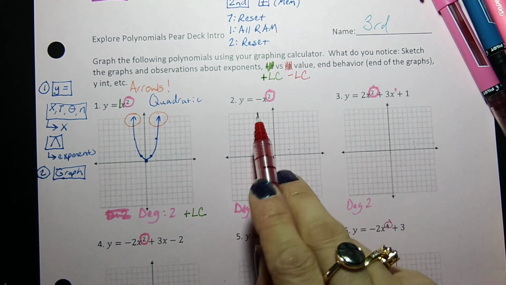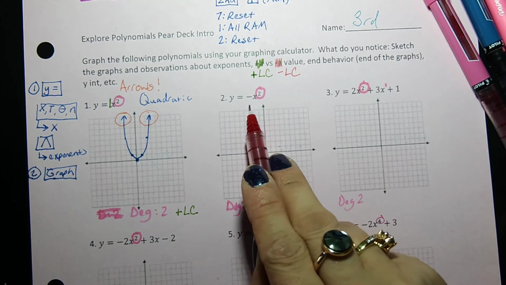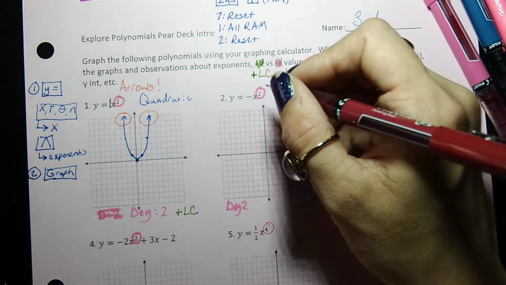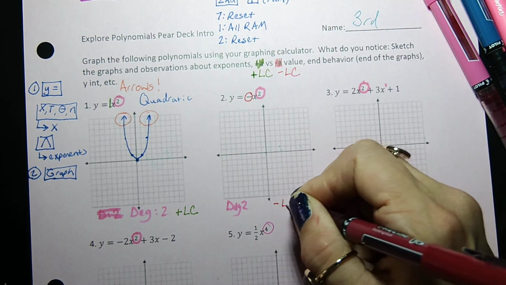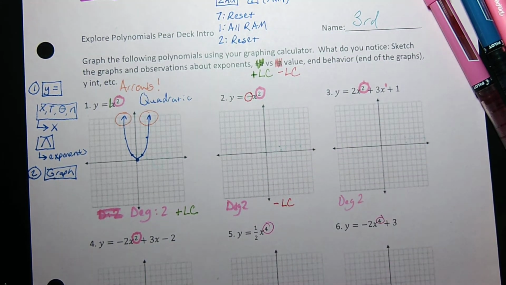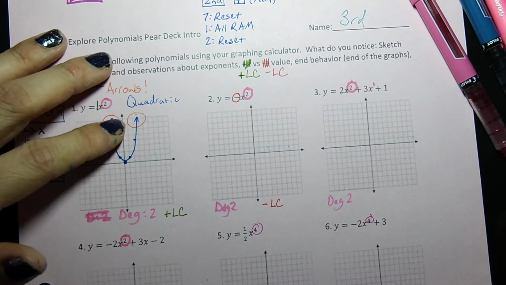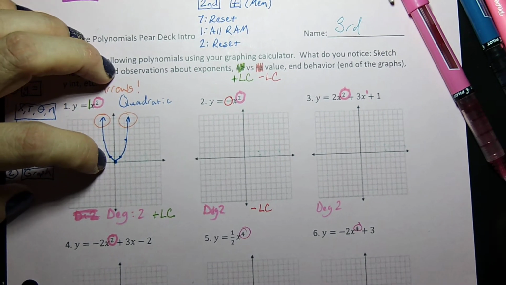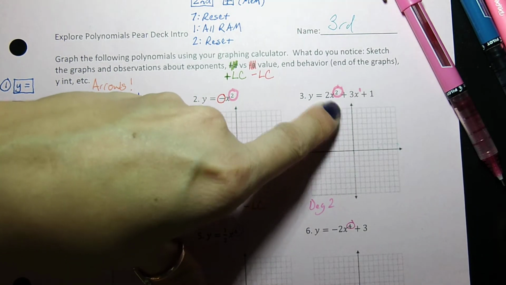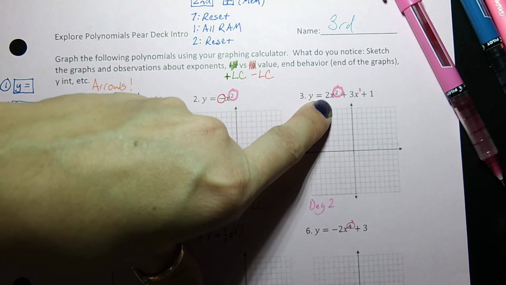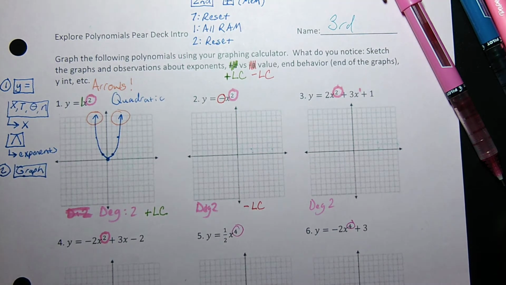What about our next one? What's the coefficient of negative x squared? Negative 1. So this has a negative leading coefficient. So our degree term is 2x squared. What's the coefficient of the term that gives us the degree? 2.